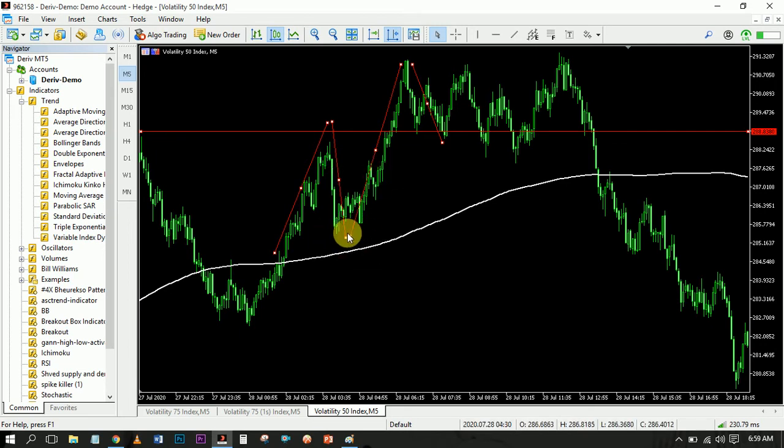That gives you confirmation that once this low is higher than this low, or if this low is on the same plane with this low, your uptrend is still valid.